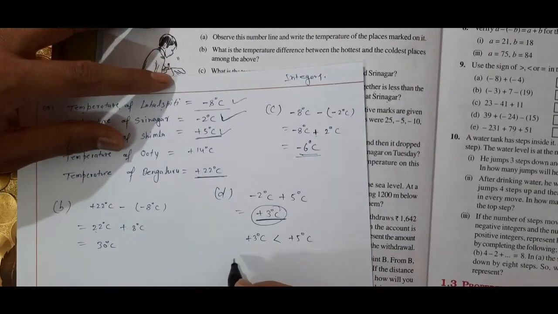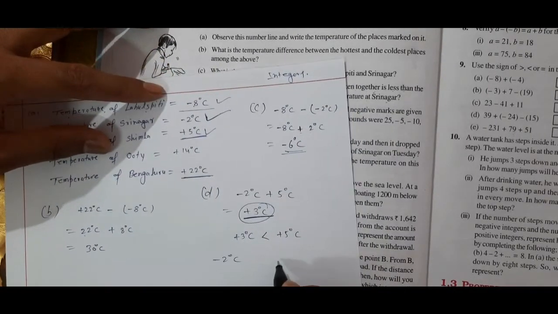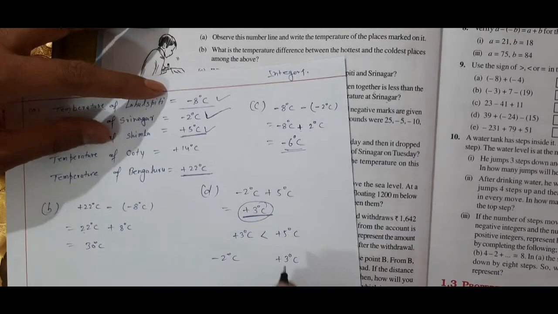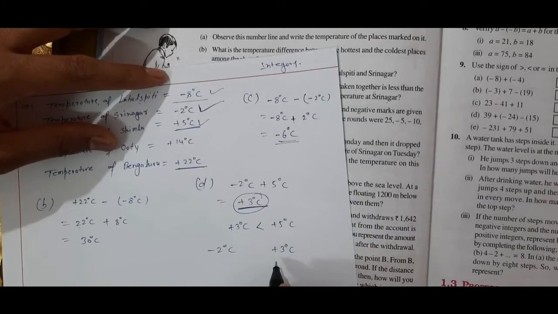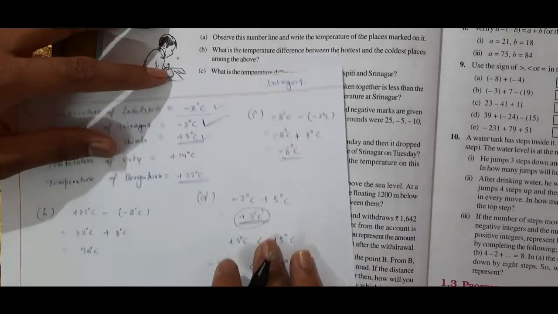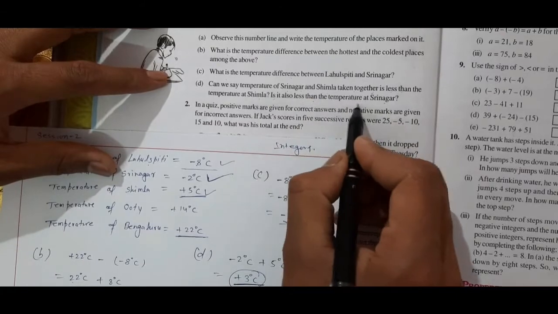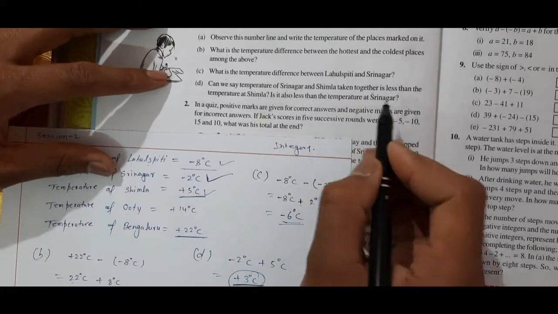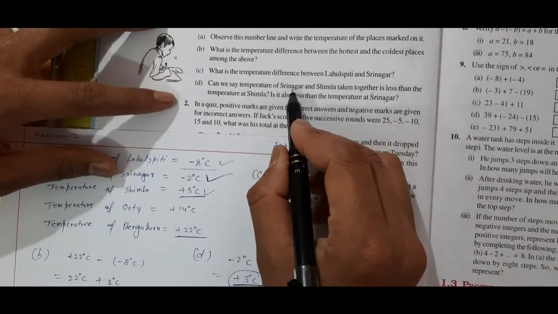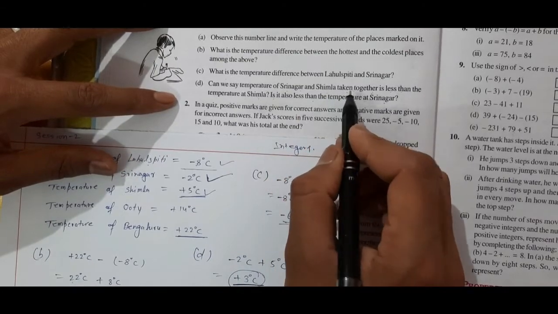Now, -2 degrees Celsius and +3 degrees Celsius: which number is greater? Clearly +3 degrees Celsius. Therefore, -2 degrees Celsius is less than +3 degrees Celsius. So, the temperature of Srinagar is less than the temperature of Srinagar and Shimla.